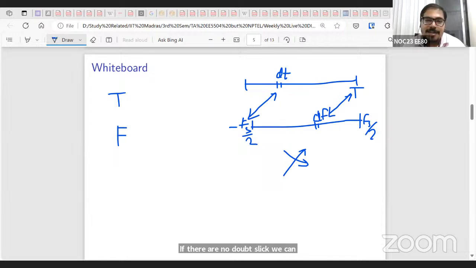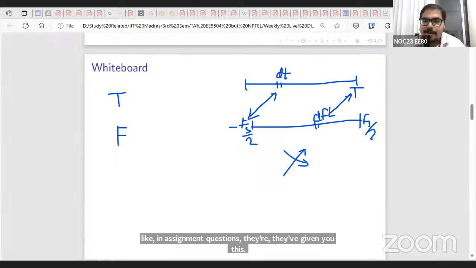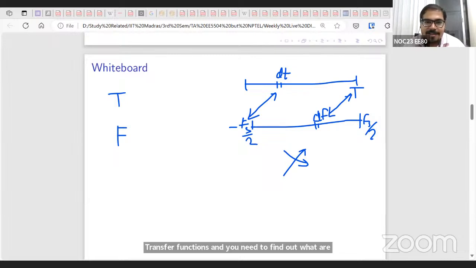In assignment questions, they've given you these transfer functions, and you need to find out what are the currents, and they've clearly stated to find I1 square plus I2 square or something.